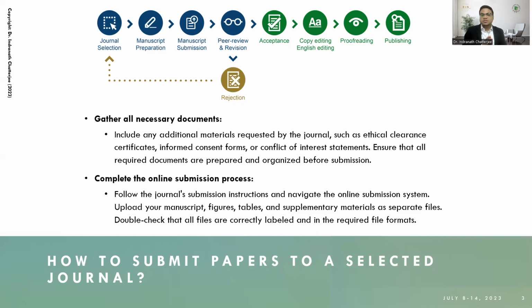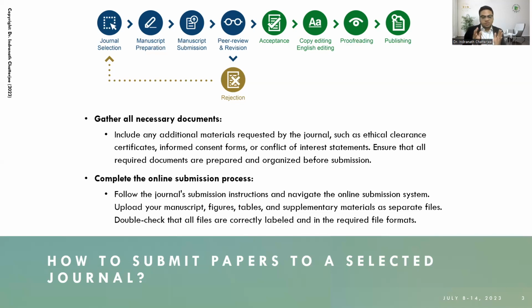You have to double check that all files are correctly labeled, properly renamed, and sorted in the proper order of their appearance. You should not rename any file with any kind of special character, any kind of date, or any kind of personal information like your name or your institution. They should be like: manuscript, figure one .jpg, figure two .jpg, table one .xls, table two .xls, consent form .pdf, conflict of interest form .pdf.